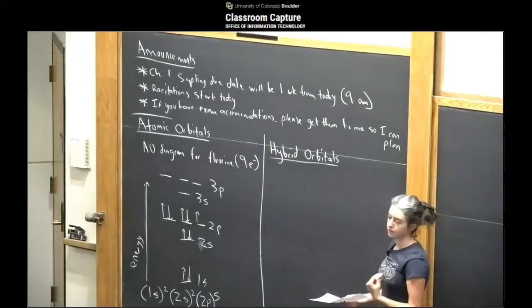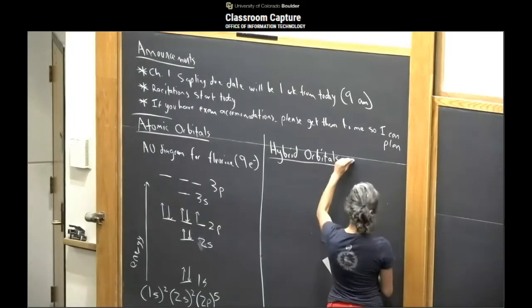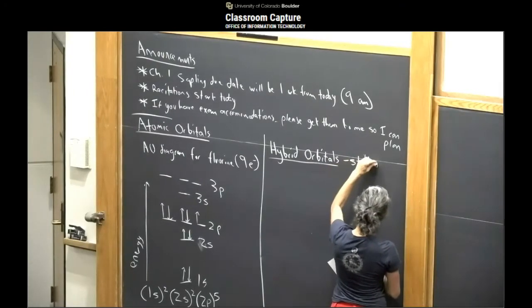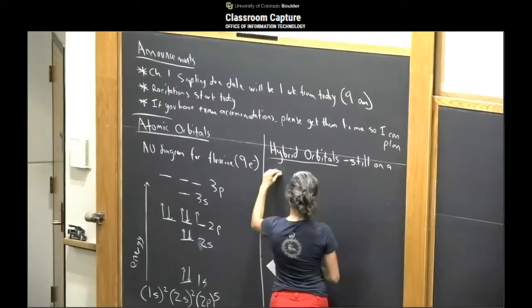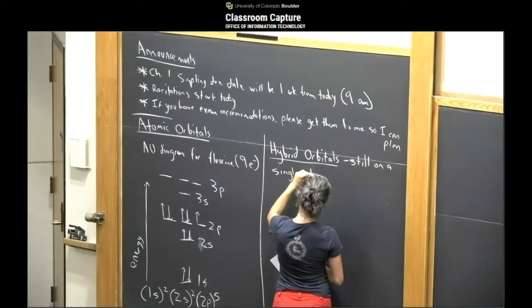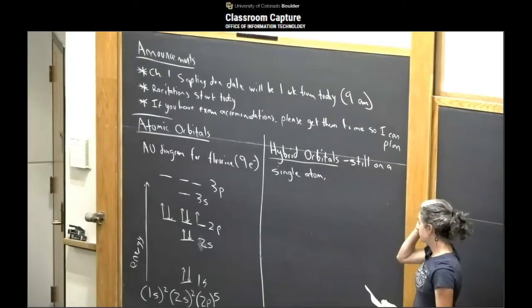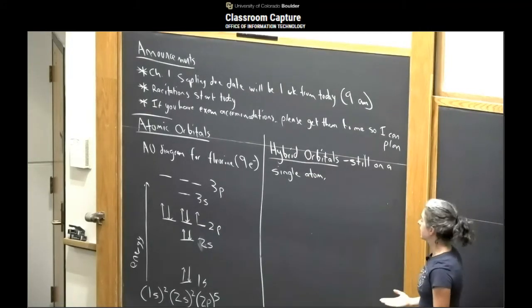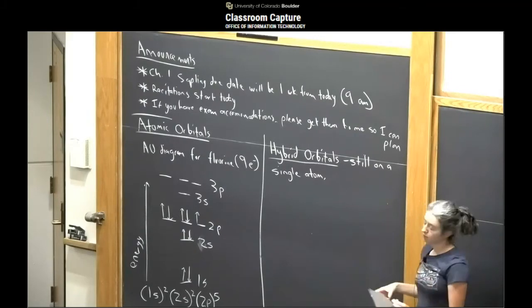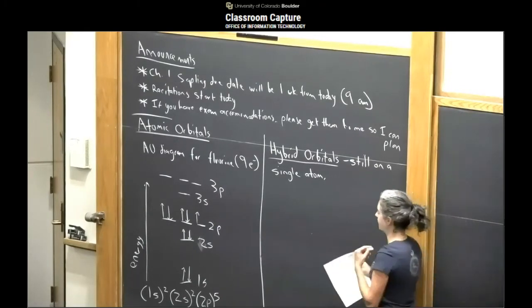These are still on a single atom. But an atom can average some of its orbitals together to get what ends up being better overlap when it tries to do covalent bonding.